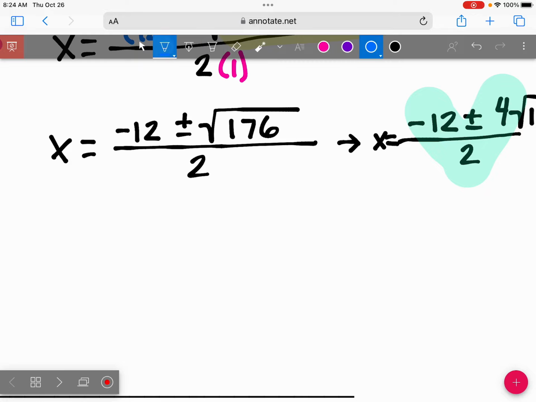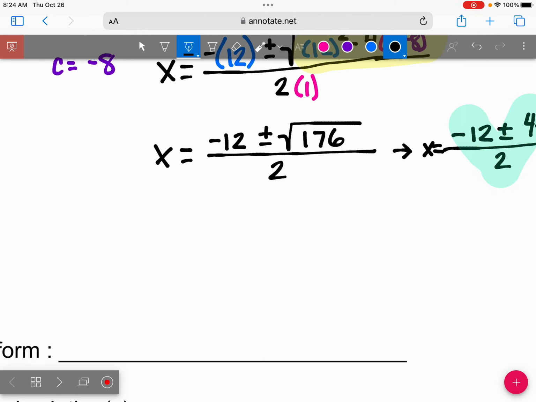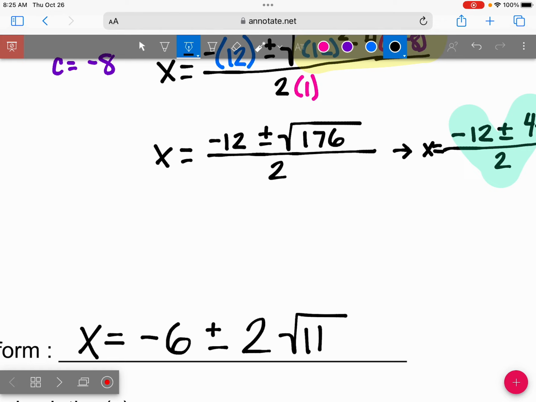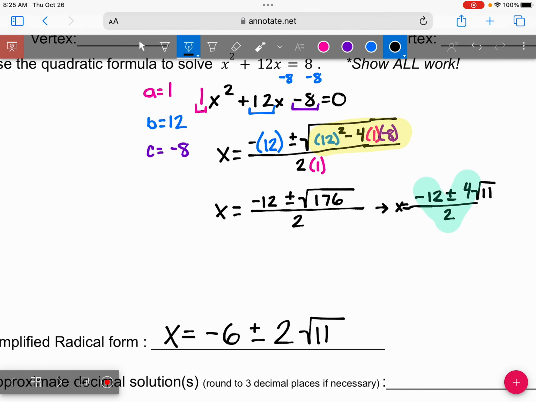So our simplified form is going to be, I'm going to write it right on the line, x equals negative 12 divided by 2 gives us negative 6 plus or minus 4 divided by 2 gives us 2 square root of 11. And that's the simplified radical form right there.